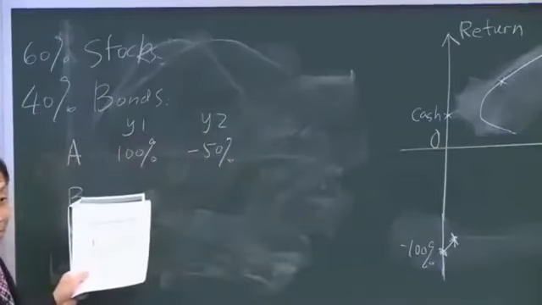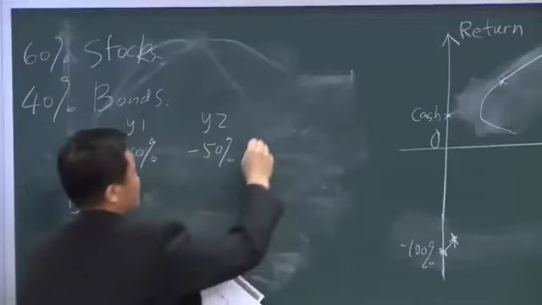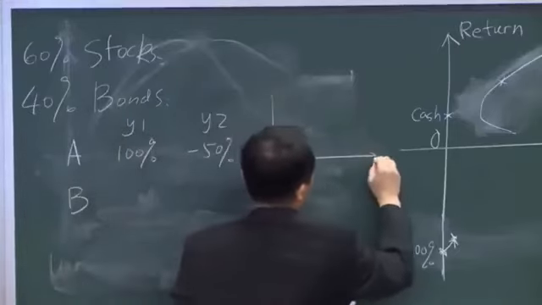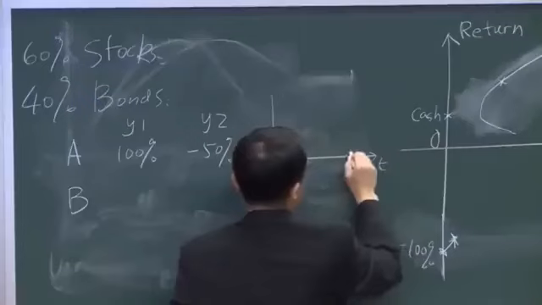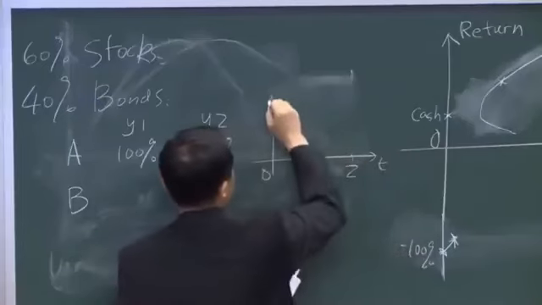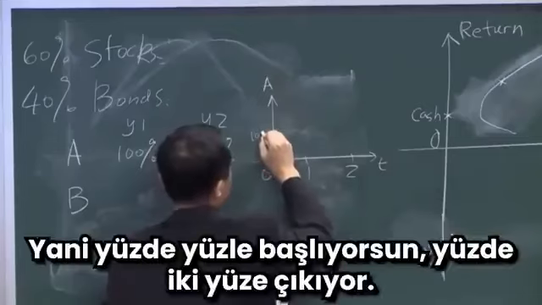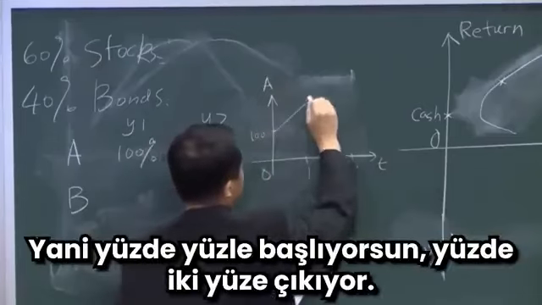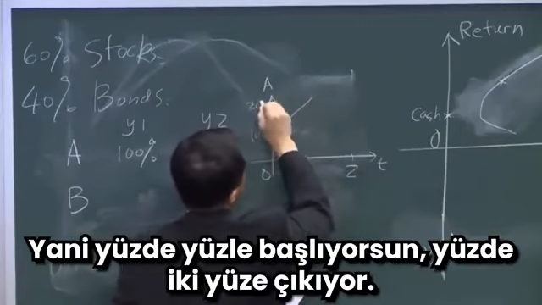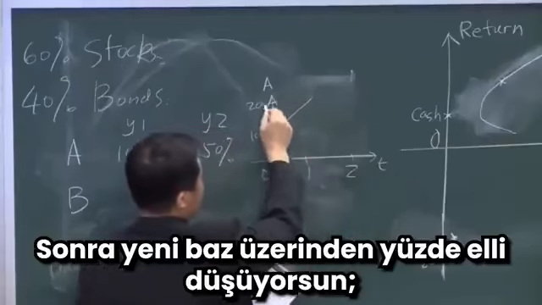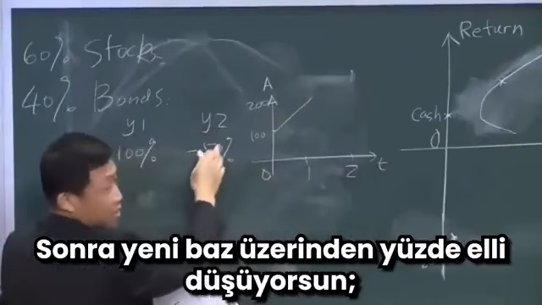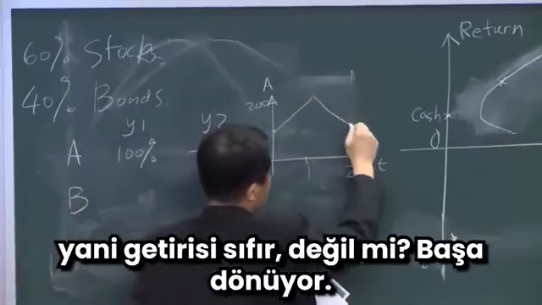So where does it end up? Started with 100%, it goes up to 200%, then you go down 50% on the new base.